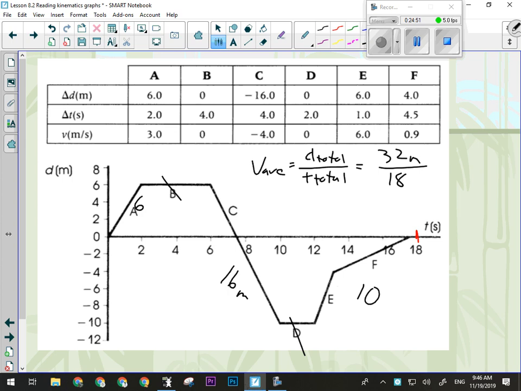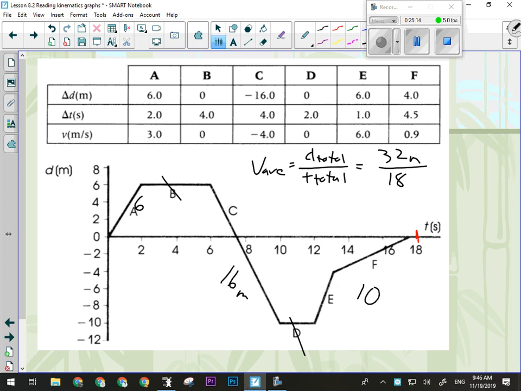In what parts of the graph is the object moving forward? A, E, and F. Now I see a few people looking at that going, that doesn't feel right. E and F are negative. Just because I'm behind where I started doesn't mean I can't be moving forward.